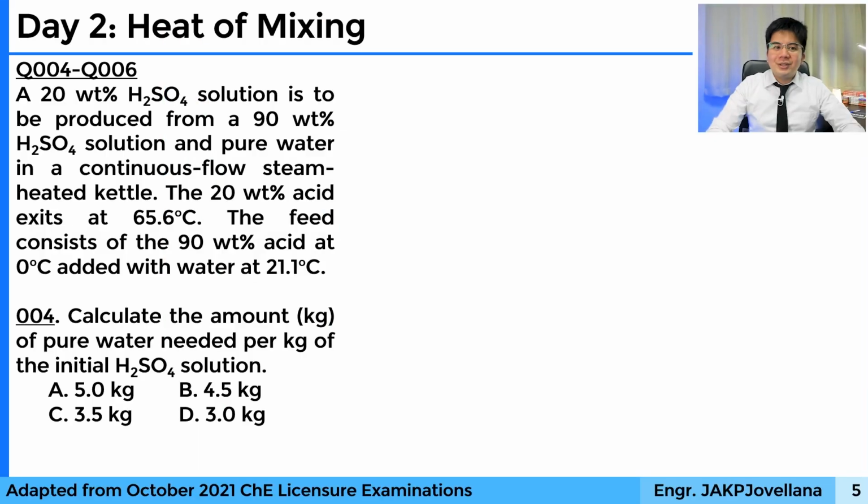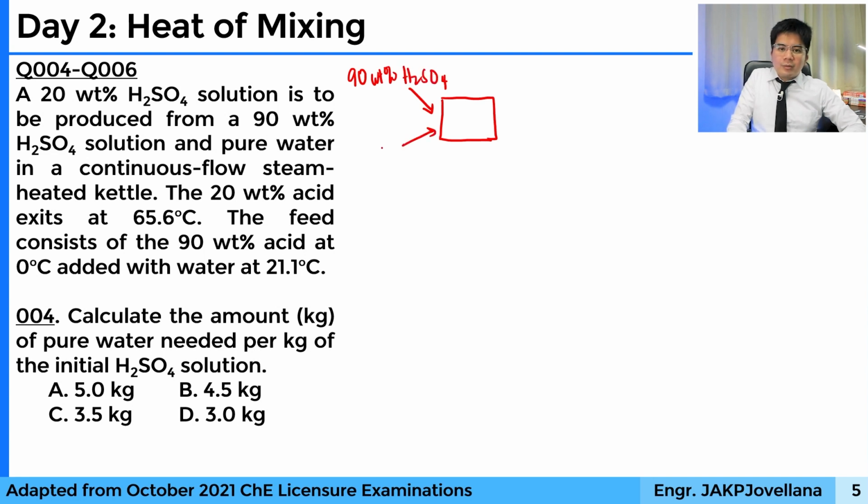So for the first question, number 4, calculate the amount in kilograms of pure water needed per kilogram of the initial sulfuric acid solution. This first step is a type of material balance. Consider that our kettle is represented by this box, and we are mixing 98% sulfuric acid and pure water, exiting as a 28% sulfuric acid.